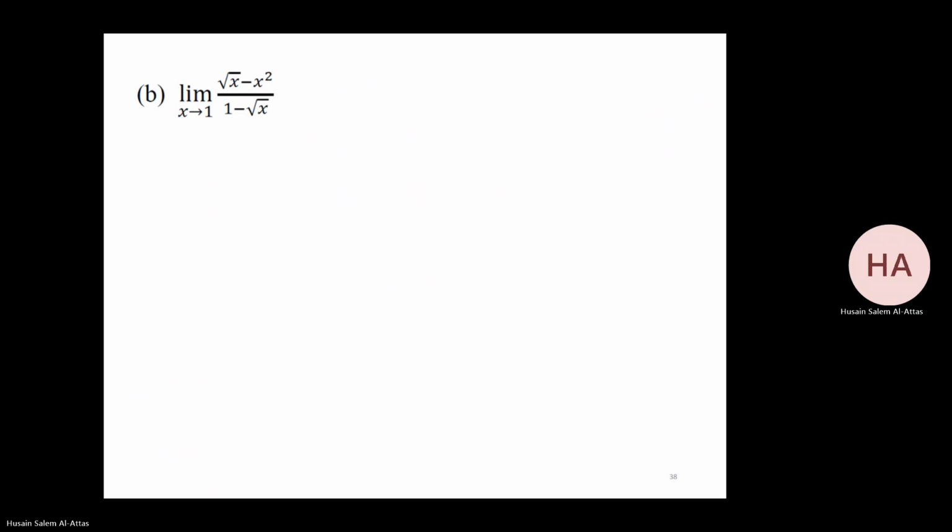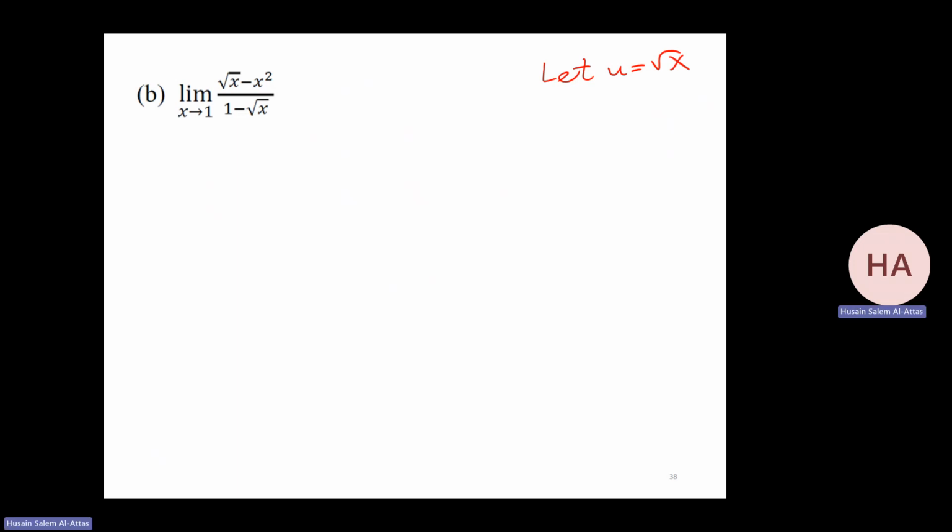And this one, you can do the same, rationalize both the numerator and denominator. Or we can do it by another, easier method. If I let u equal square root of x.